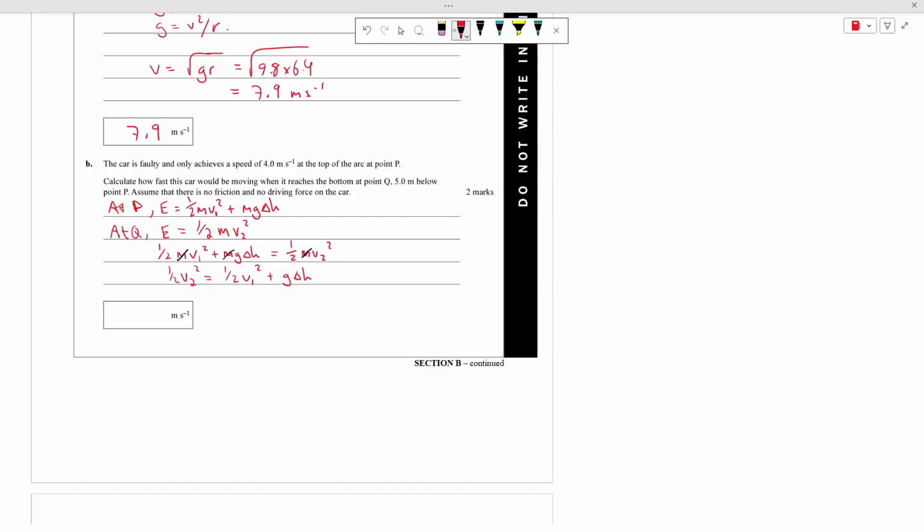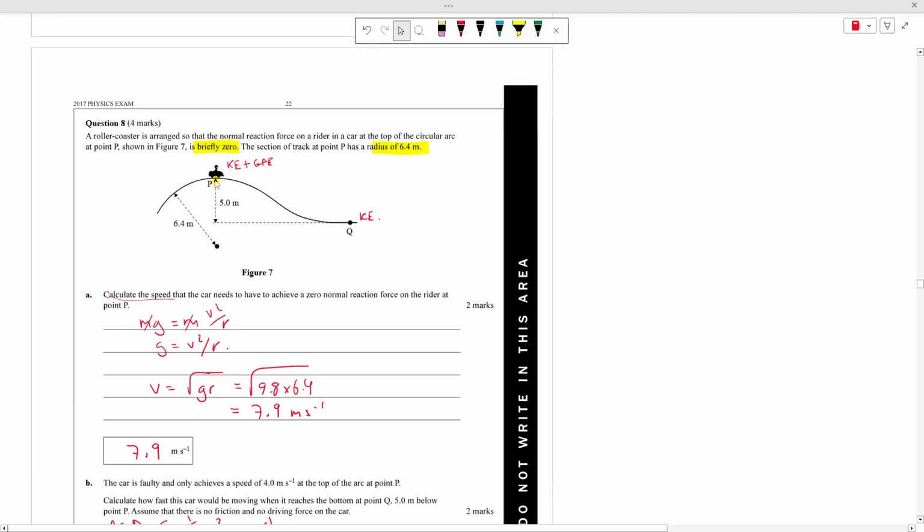Okay, and so for v2, multiply everything by 2 on the other side and then take a square root. It's going to be the square root of v1 squared plus 2g delta h. Okay, what's the speed at the top of the hump? It's 4. So 4 squared plus 2 times 9.8 times what's the change in height?